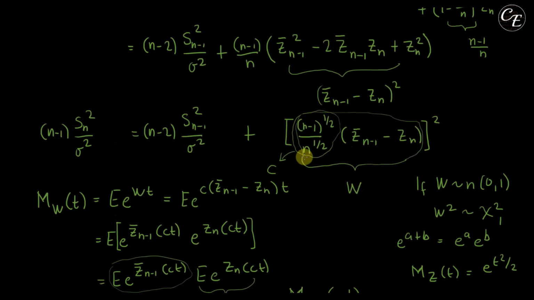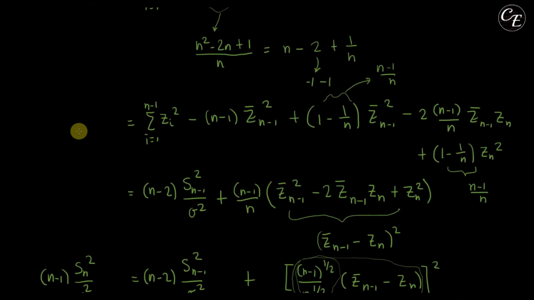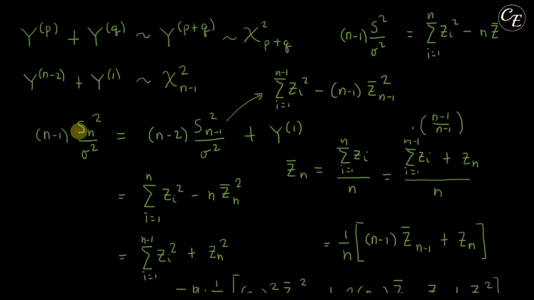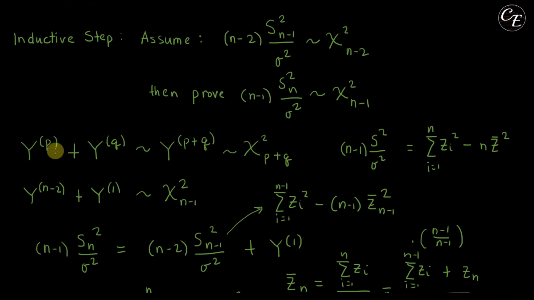Then this whole thing will have a chi-square distribution with 1 degree of freedom. Then adding it to a random variable which has a chi-square distribution with n-2 degrees of freedom will give a random variable which has a chi-square distribution with n-1 degrees of freedom. So now, in using this theorem, this random variable in here and this random variable in here must be independent of each other.